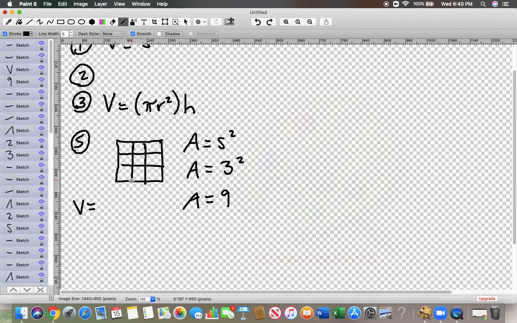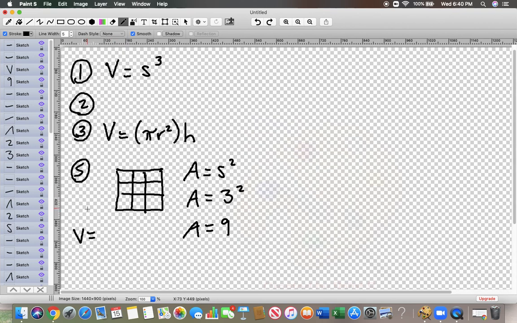If this base figure of a cube was 3 centimeters high, therefore, we have a cube. What's the volume of a cube? Look up here. We have our formula for finding the volume of a cube right there, S cubed. So S is one of the lengths that we have, which is 3, but then we need to cube it.